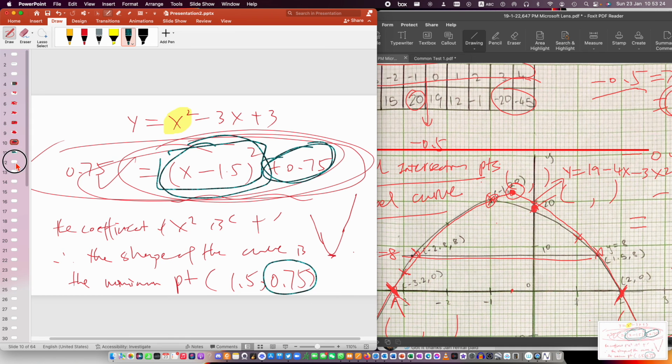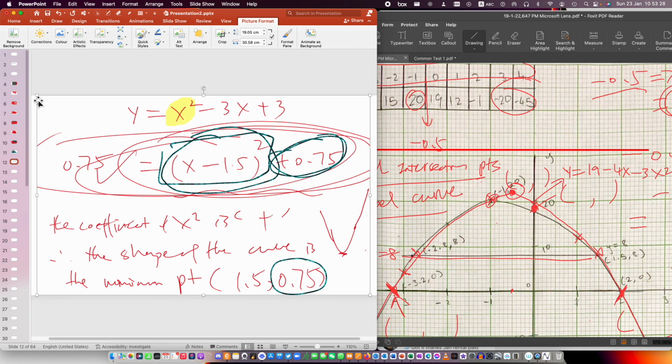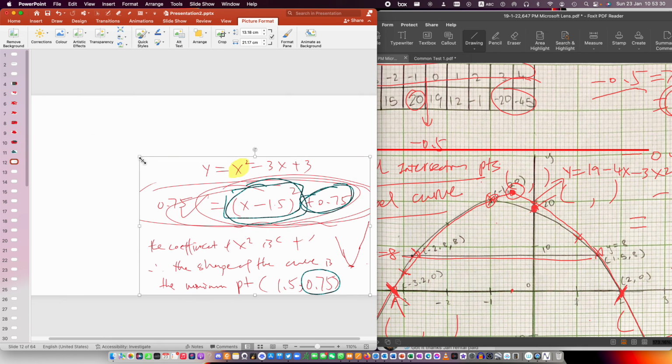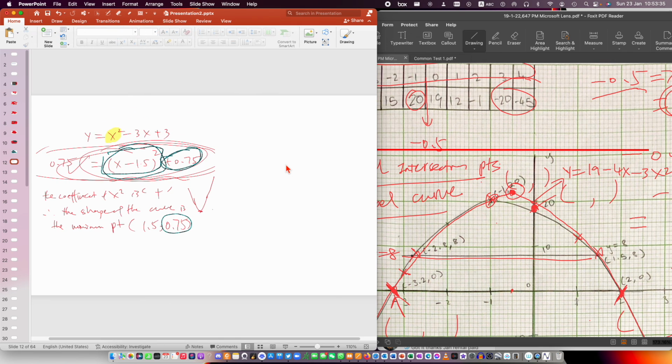This question is a sketch question, not a draw question. So if they ask you sketch, you don't draw. You don't ask for a graph paper. When you draw, you use the table to draw. When you sketch, you don't use the table. That's the difference. Then I'm going to show you.